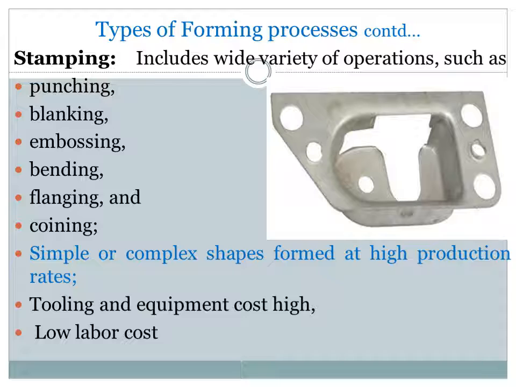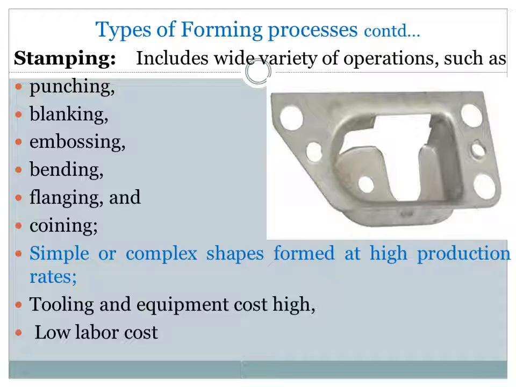Simple or complex shapes are formed at a very high production rate. Tooling and equipment cost is very high because this part is made with different types of tools on different machines. But this involves low labor cost because most of the operations are automated.